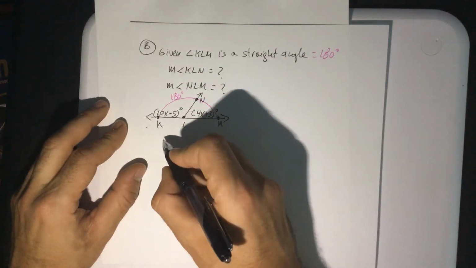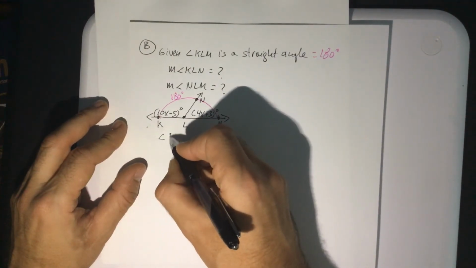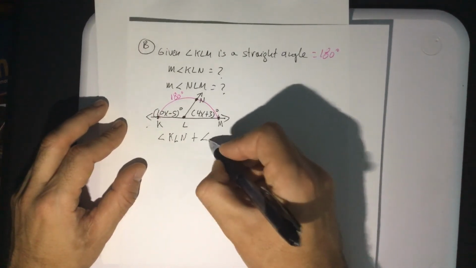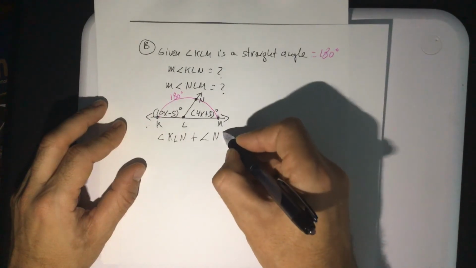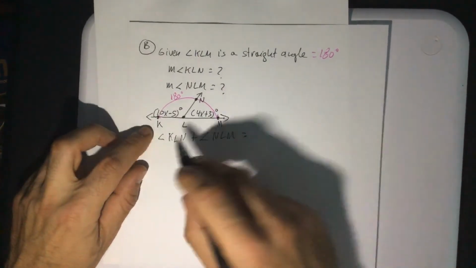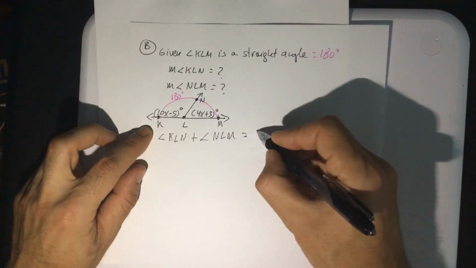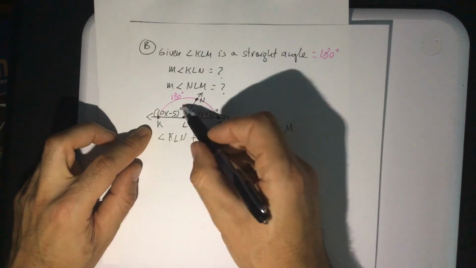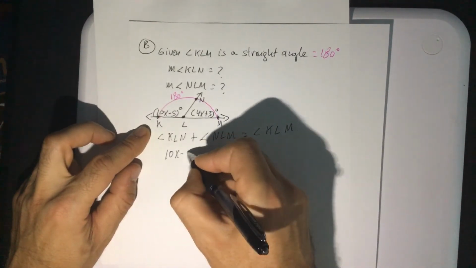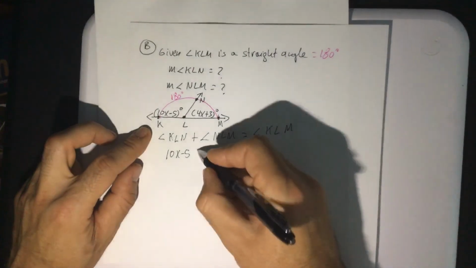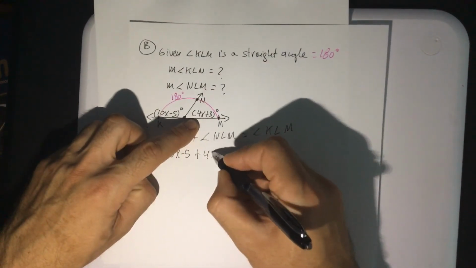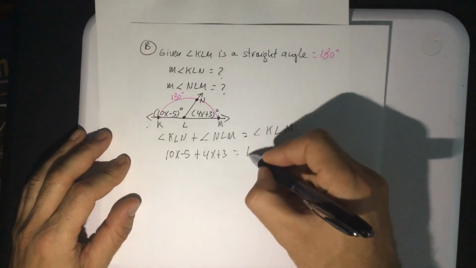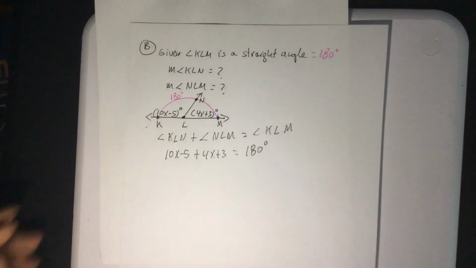So angle KLN plus angle NLM is equal to the whole thing right here, angle KLM. This one over here, that's 10x minus 5, plus this angle over here, 4x plus 3, that's going to be equal to 180 degrees.